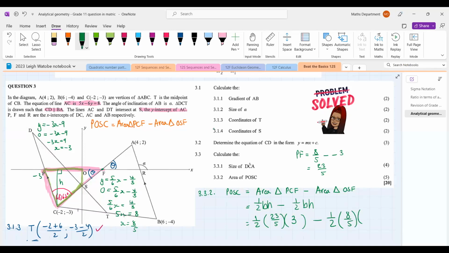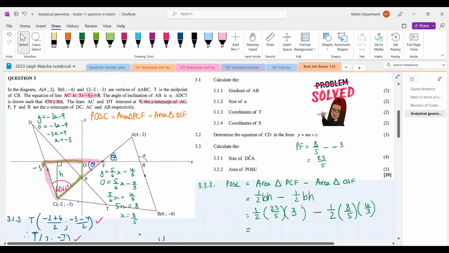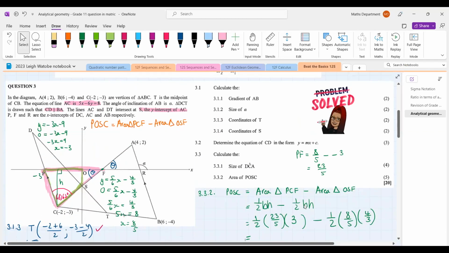And we also know that the coordinate at S is -4/3. So the length of OS would be 4/3. And now we can pop all of that into our calculators. Let's see what we get.